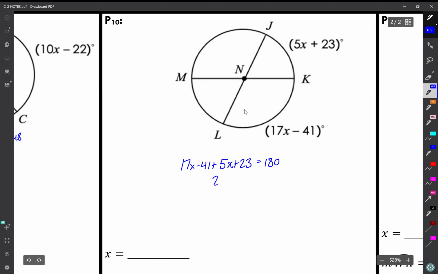This will be 22x. Negative 41 plus 23 gives me negative 18. Still equals 180. We'll add 18 to both sides. That gives me 22x is equal to 198. Dividing both sides by 22, x gives me 9.